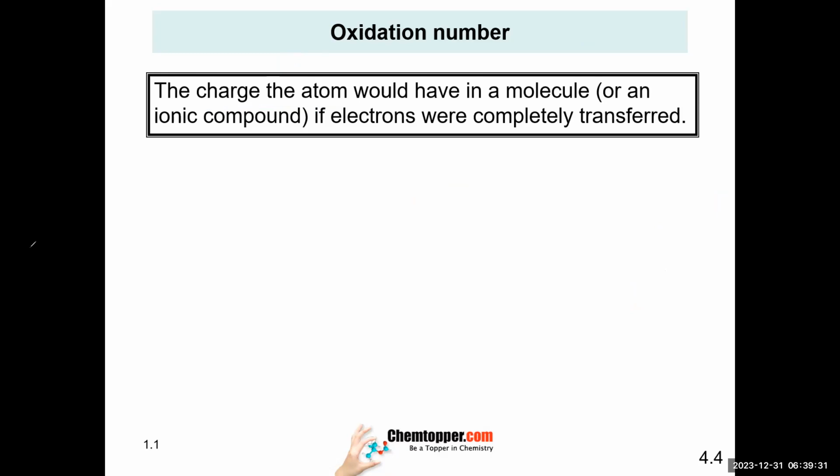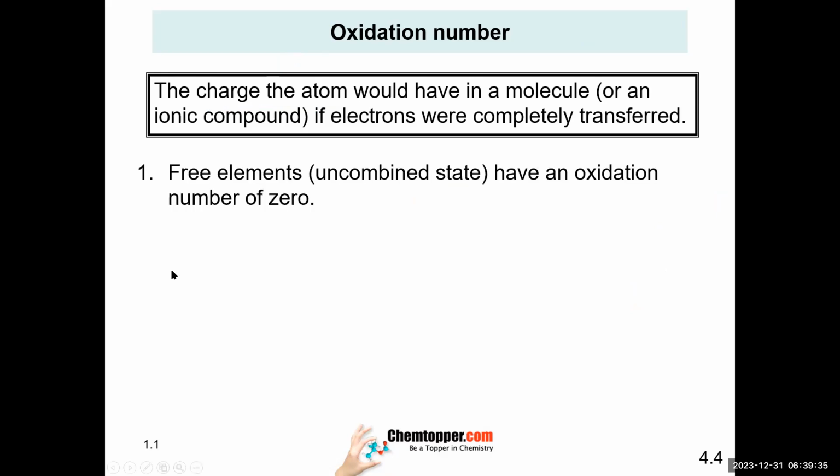So rule number 1 is for pure elements. Pure elements means they have not combined with anything else. A pure element is made up of only one type of atom, like N2. N2 gas, O2 gas, O3, Fe atoms, Fe metal, potassium, sodium, all these are pure elements.